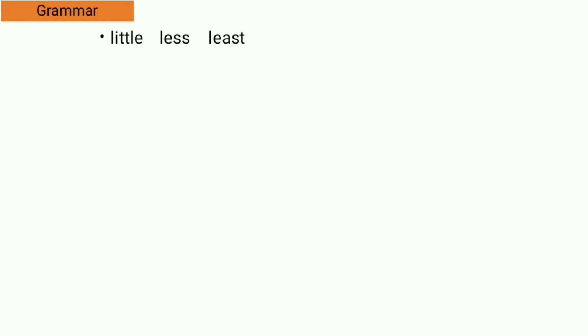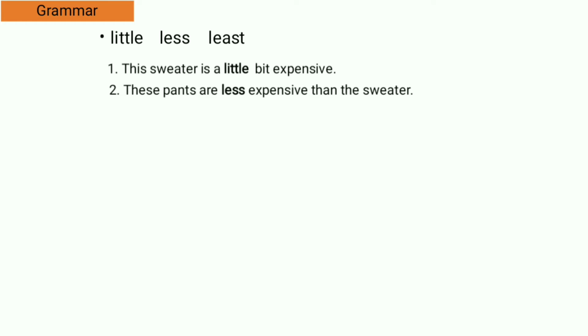Now let's see the little, less and least. This sweater is a little bit expensive. These pants are less expensive than the sweater. This shirt is the least expensive of it all. Take note, there is also another adjective here, expensive.